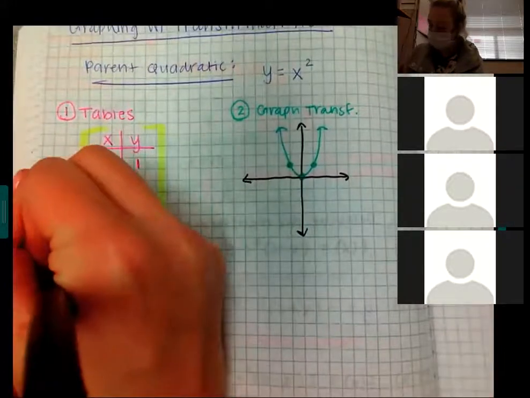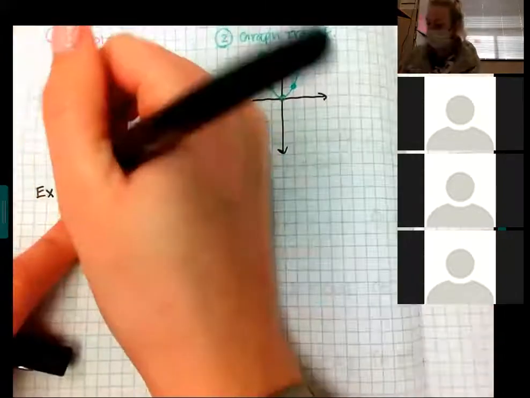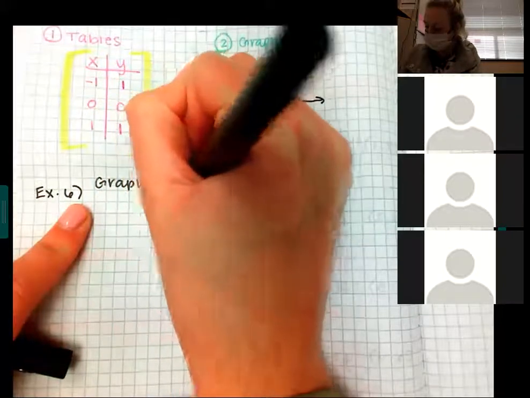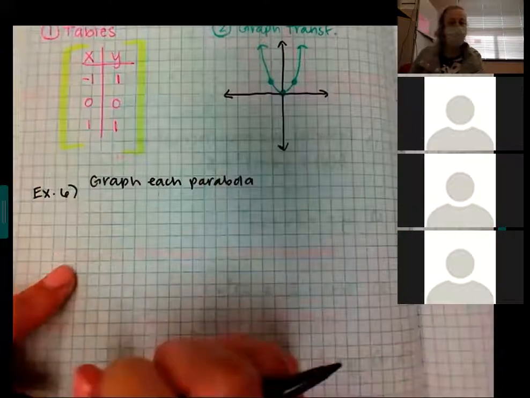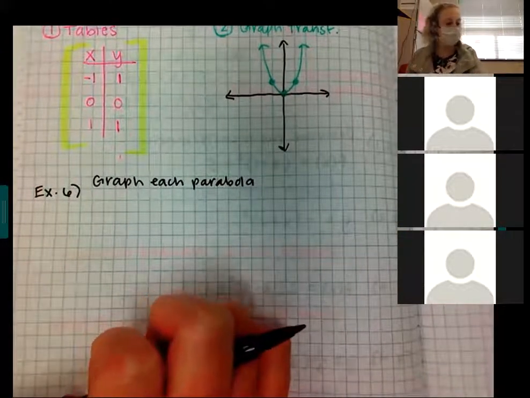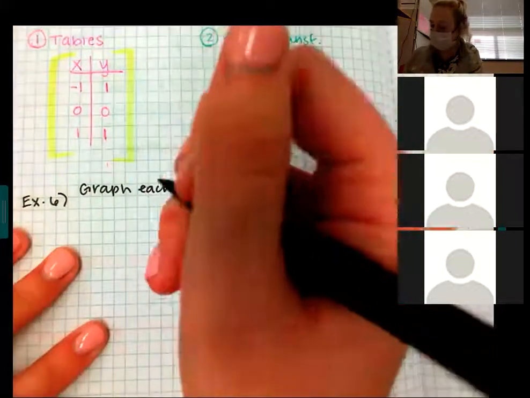All right, so let's pick up with example 6. I want you to graph each parabola. And the first one we're going to start with is, I'm just going to start off real basic because I don't want anybody getting freaked out.